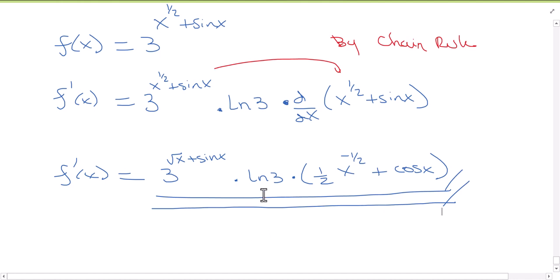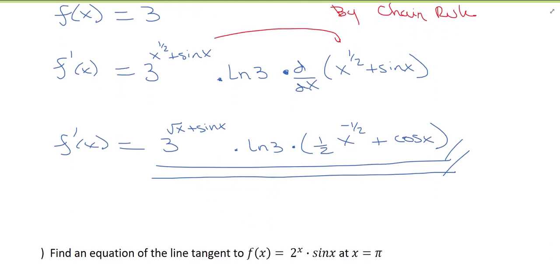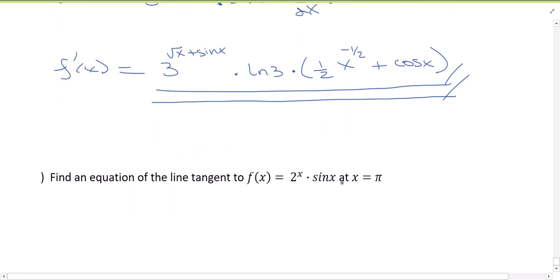So let's try an example of finding an equation of a tangent line. Let's do this one. Find an equation of the line tangent to f of x equals 2 to the x times sine x at x equals pi. So one of the things is we need to find the point. So go ahead and find the y value, right? This f of x is just a fancy name for y. So this is y equals 2 to the x times sine x.